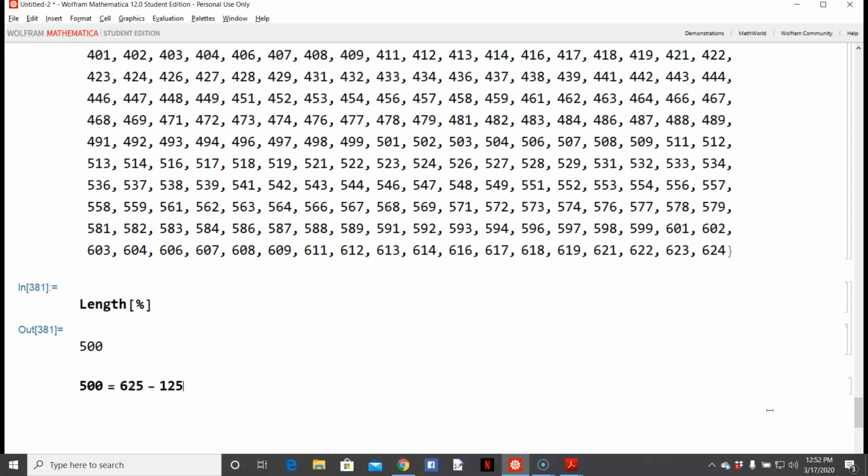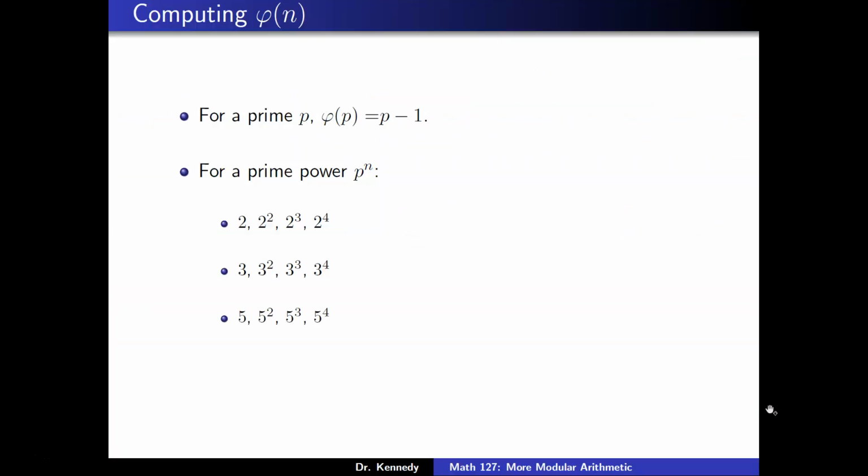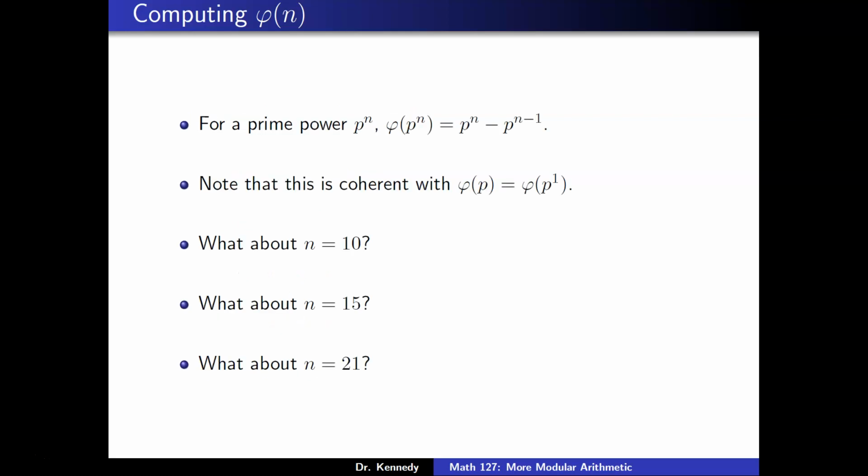So we actually start to see a pattern here. If we're looking at prime powers, if I want to know the number of values less than or equal to p to the n that are relatively prime to p to the n, I start with all of the numbers from 1 to p to the n, and then I have to subtract all the multiples of p. There are p to the n minus 1 of them every time.